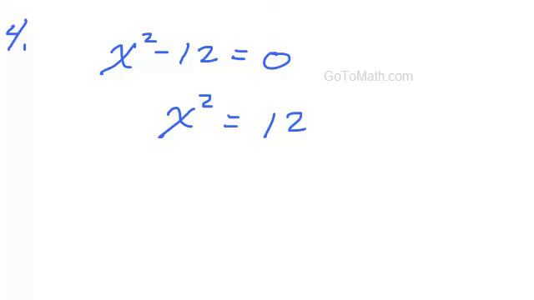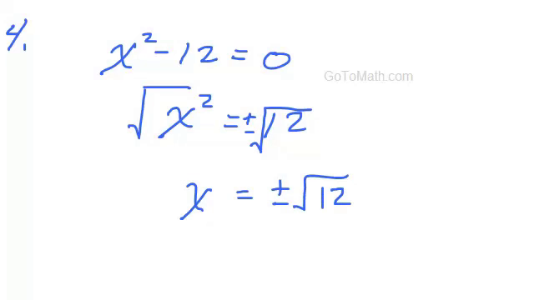All of a sudden, I zoned out. We're going to take the square root of both sides. That's the reason they call this the square root property. But if I take the square root of both sides, I must write plus or minus over here on this side, okay? So the square root of a number squared is just the number. So we have x equals plus or minus the square root of 12.